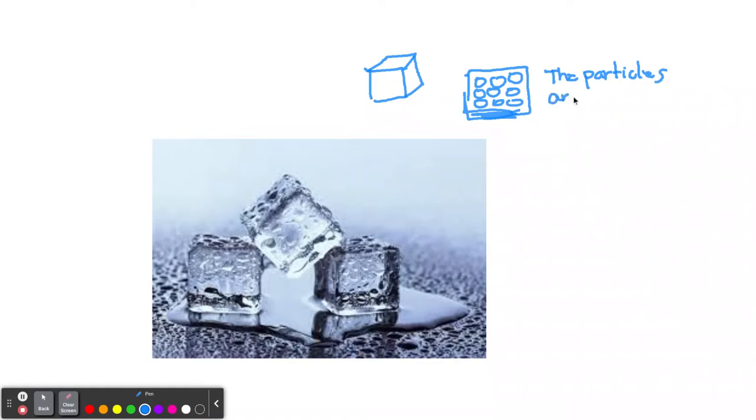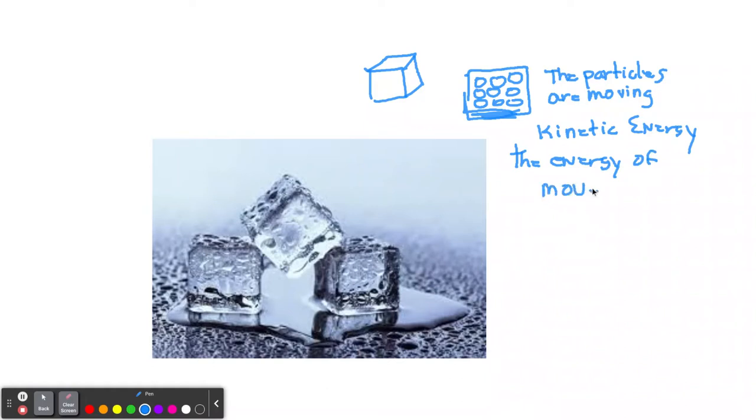Everything is moving in the universe, and I've talked about that over and over again. So the particles are moving, and when it moves, remember the energy is kinetic energy, the energy of movement. So everything moves. And when we're talking about the energy of movement internally, we're talking also about thermal energy because it is a type of kinetic energy.